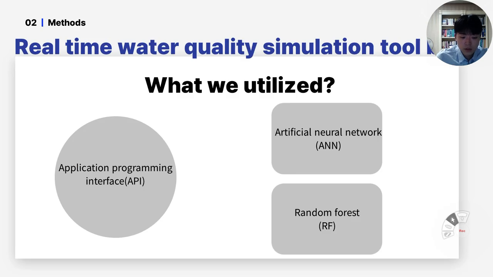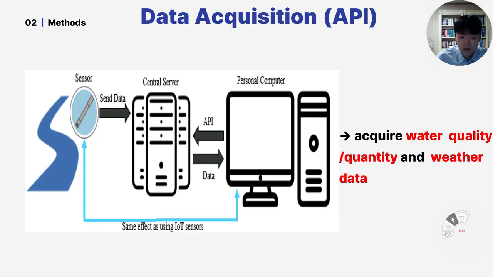Okay, let's move on to the second part, methods. As I mentioned on the previous page, our program utilizes the application programming interface, and we have adopted random forest and artificial neural network techniques. Moreover, our system is user-friendly and features a graphic user interface, making it easily accessible for anyone to use.